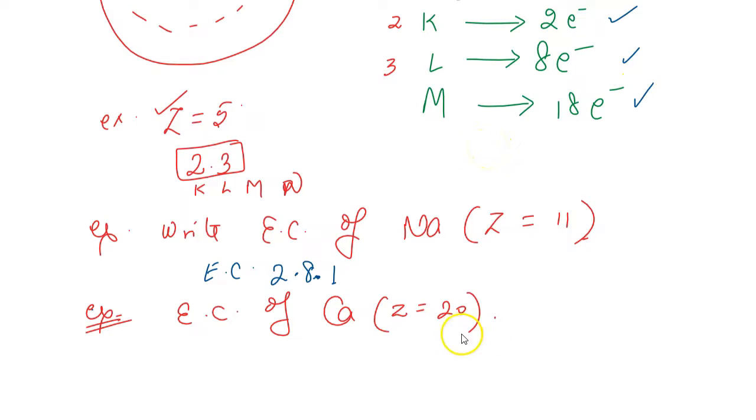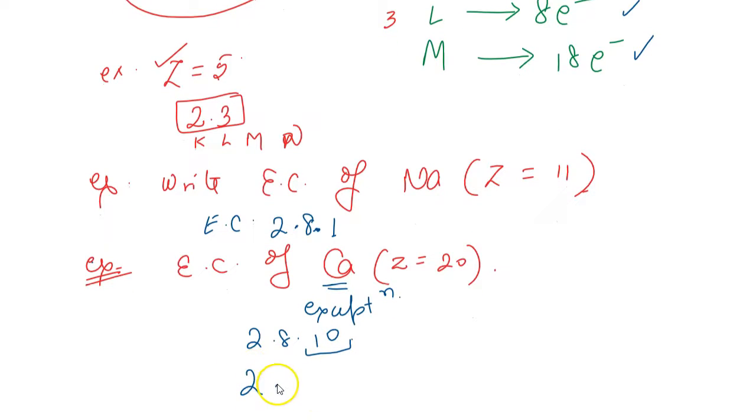But generally you will see for calcium there is an exception, that at the outermost shell the number of electrons will not exceed 8, right? So if you get 2, 8 and 10, you need to limit this to a maximum of 8 only. That's the exception we are going to consider.